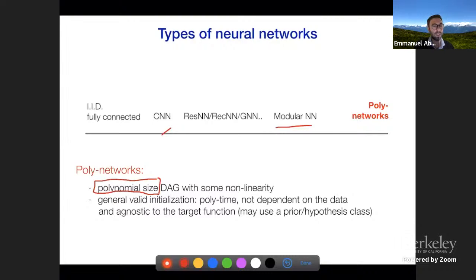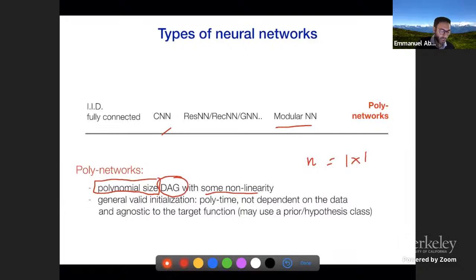So everything that I'm talking about is going to be polynomial in the input dimension n, which is the dimension of the inputs that we feed to the network. For the positive part, the network is going to be some directed acyclic graph with some nonlinearity. For the negative results, it can in fact be any differentiable model.